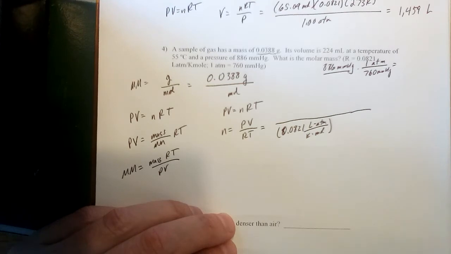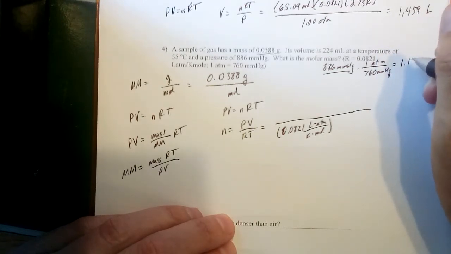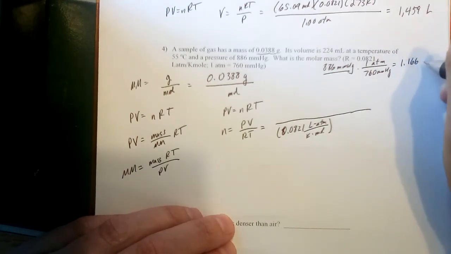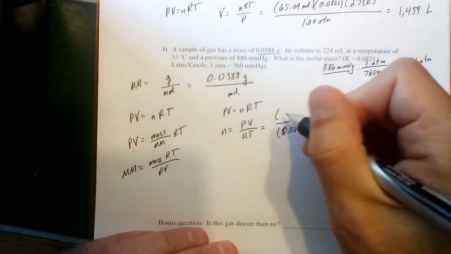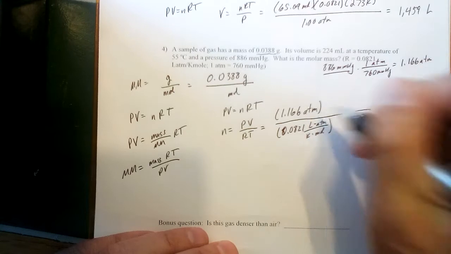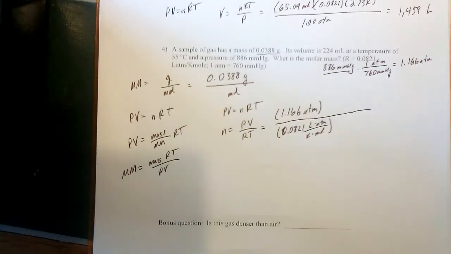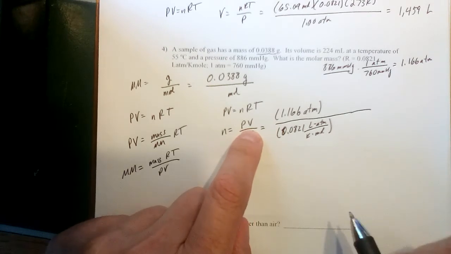So 886 divided by 760 is, and I'm going to keep at least one extra figure here, 1.166 atmospheres. And again, if you can keep it in your calculator, that's even better. But if you keep at least one extra, that should minimize any changes due to rounding off that might pop up in your problem.